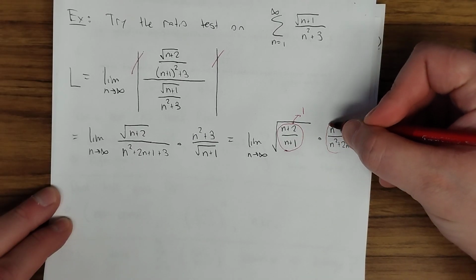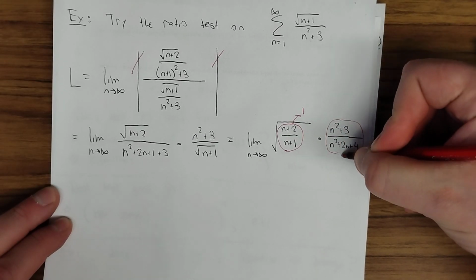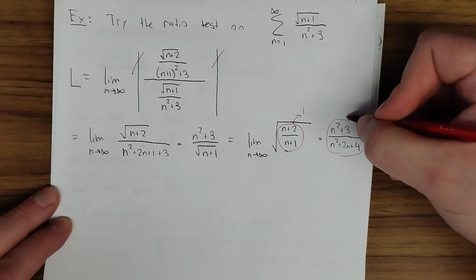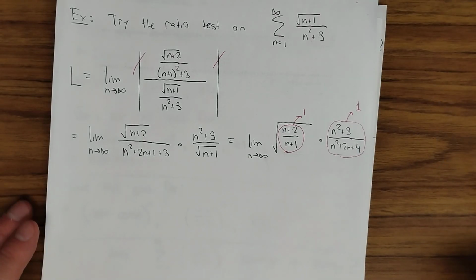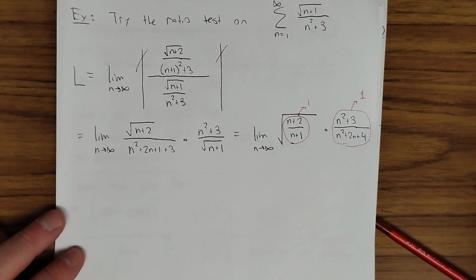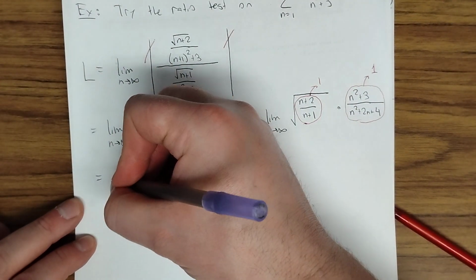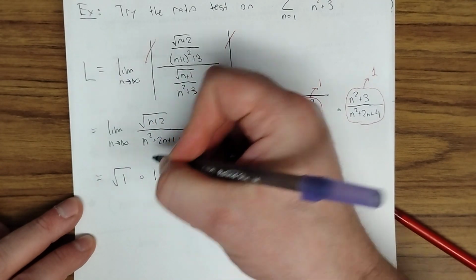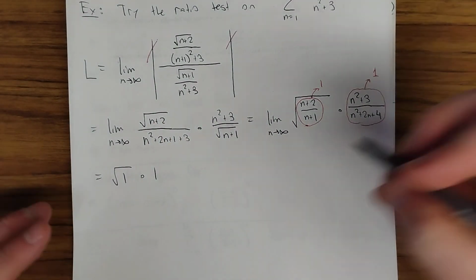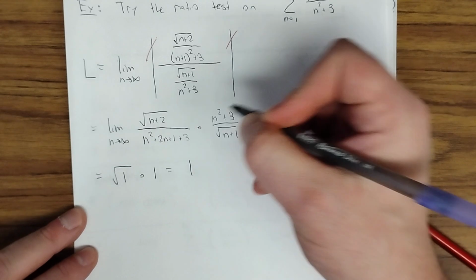Likewise, over here, I've got another polynomial over a polynomial, and they have the same leading term. So I'm going to say this goes to 1. This is under a square root and this isn't. Of course, square root of 1 is just 1, and 1 times 1 is 1.